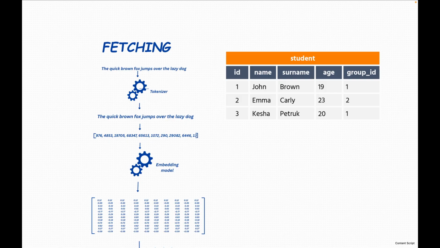So when a query to fetch particular data comes in, that query is also converted into an embedding vector by the same embedding model, and then the resulting embedding vector is compared. We perform a similarity search against what we have in the vector database, so the most similar ones are returned, and because of this nature, we do not get an exact result from a vector database just like we would in a relational database.